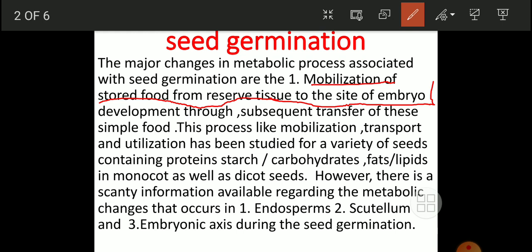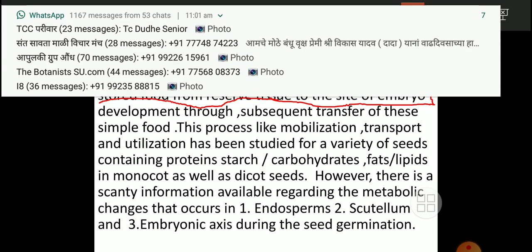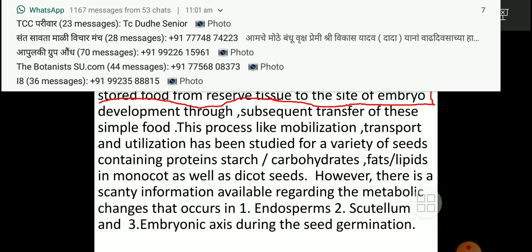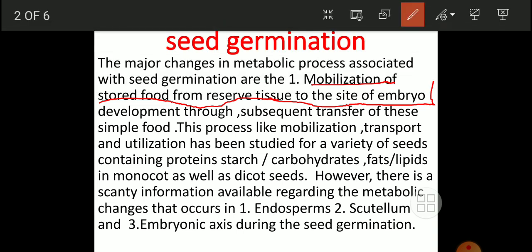But before that, up to the emergence of leaves, the whole growth of the embryo takes place with the help of nutrition supplied by the cotyledons or reserve food stored in the fruit itself. So that stored food in the reserve tissue is mobilized to the site of the embryo, because we know that the embryo develops into the plant.